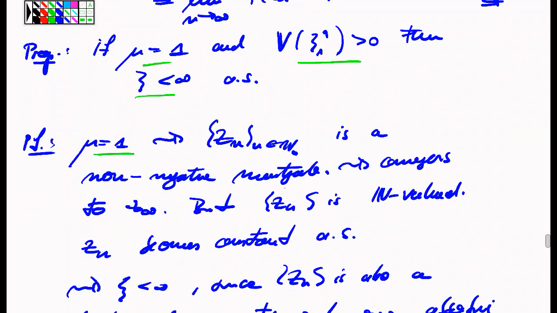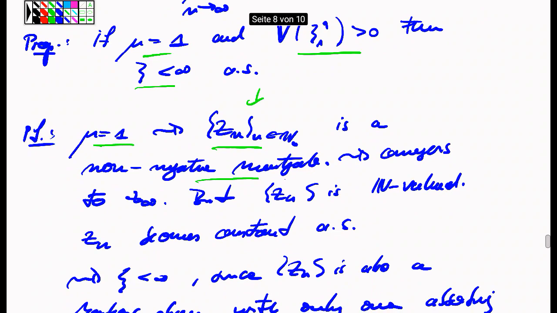Well, mu equals 1 means that already the Z process is a non-negative martingale. Before we considered the process Xn, which was Zn divided by mu to the power n, and showed that this is a martingale, but if mu equals 1, then this ratio has no effect, so it's just the Zn process, which is already a non-negative martingale.